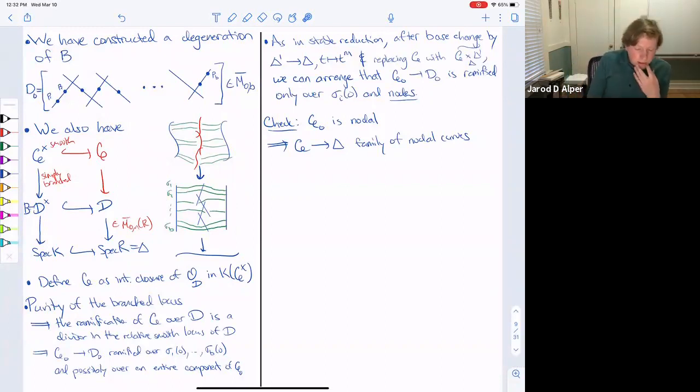Now we can use purity of the branch locus, which says that the branch locus in something smooth is always a divisor. In other words, you cannot have isolated branch points. Two things can happen. You might have branch points over nodes, because those aren't smooth points.